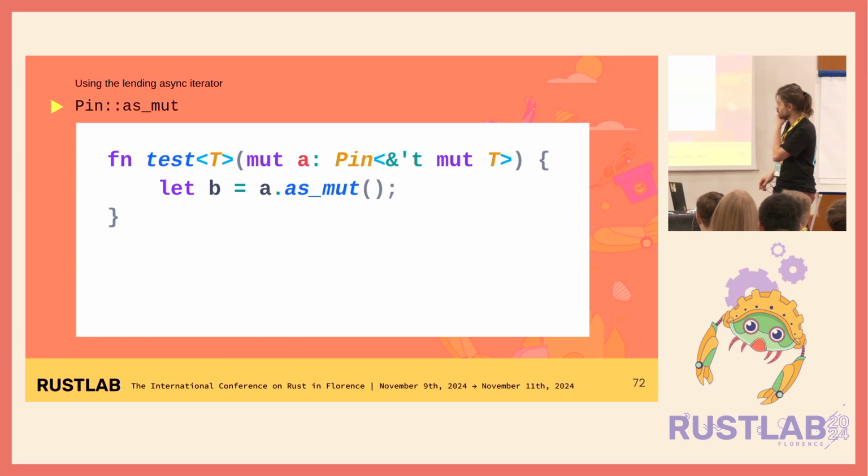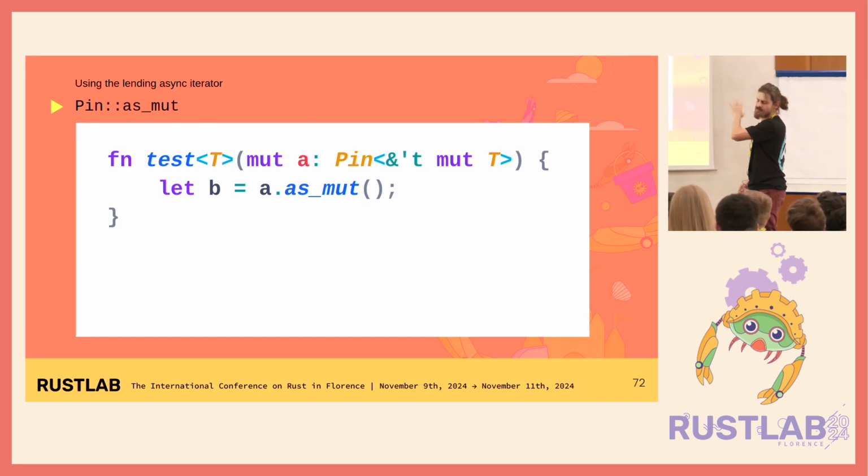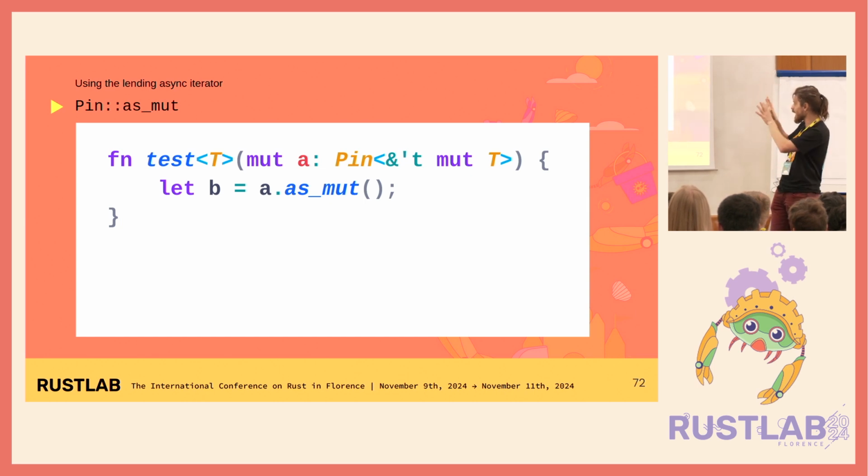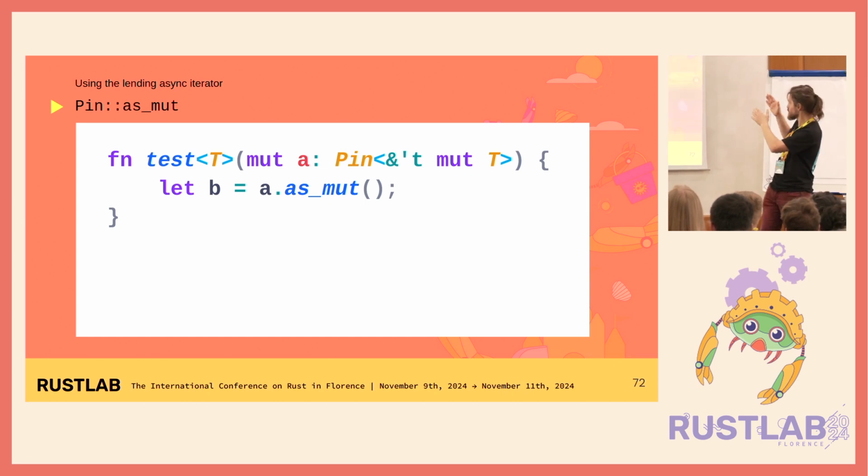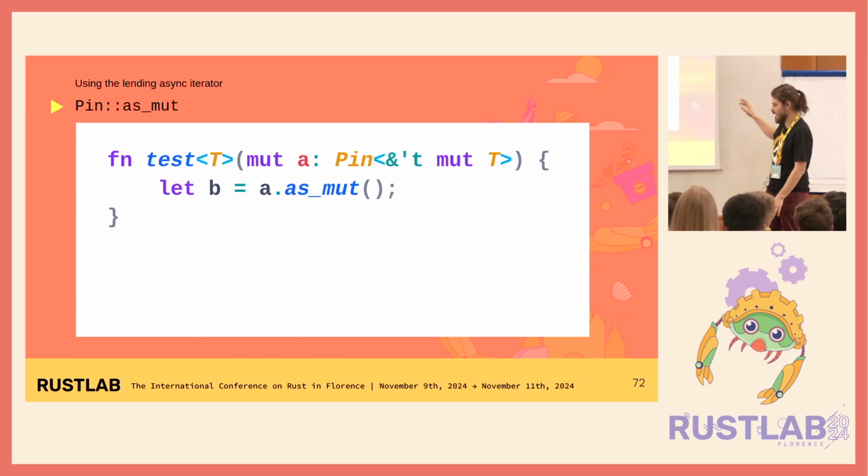Maybe it's better to look at an example. We have a simple function, okay? It's a test, it's generic over T because we don't care about the type. And we have this a that is a Pin mutable reference to T. And we explicitly define the 'T lifetime, okay?